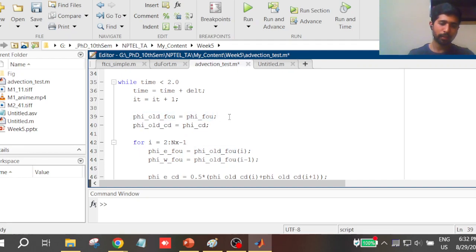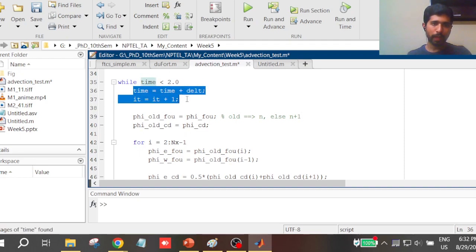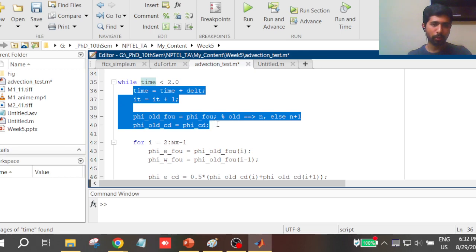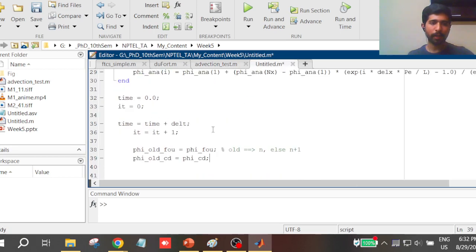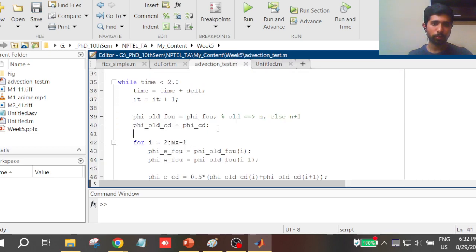Old implies n, otherwise if there is no old, it is n plus 1. So time I am incrementing and the iteration count also. I'm just updating the things here. Sorry, I think I missed putting this part.